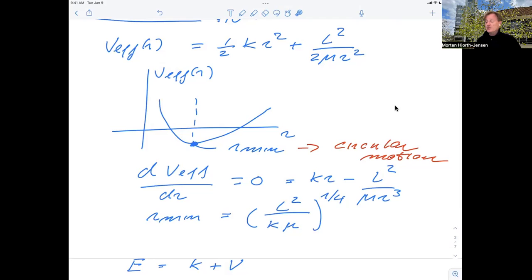So what we have now is a case where we have placed ourselves at the bottom of a potential in polar coordinates with a radial dependence only, and that corresponds to a circular motion. And we are going to see the same when we now apply the gravitational force.